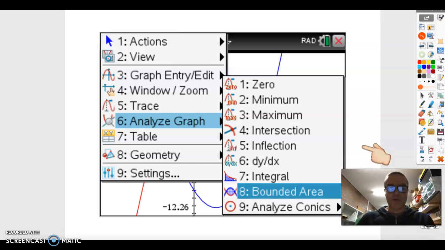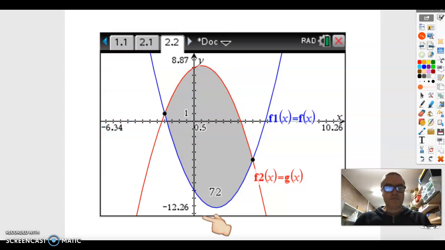It will call them the lower bound and the upper bound. And then you can select either the points of intersection, or you can select other points if they're applicable. Here you can see I've selected the two points where they intersect. I just had to use the touchpad to click on those intersections, and you can see it's shaded the area that's bound by the two functions, and it's giving me the area which is 72.